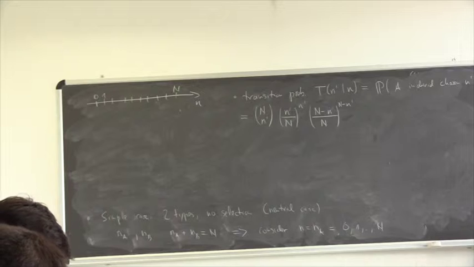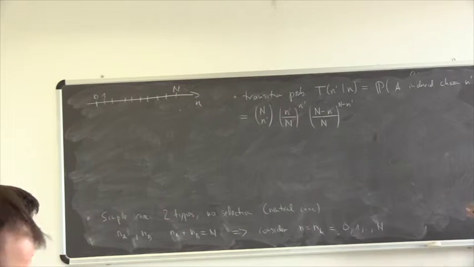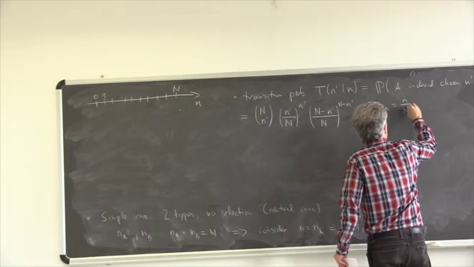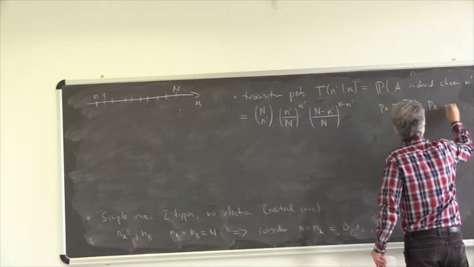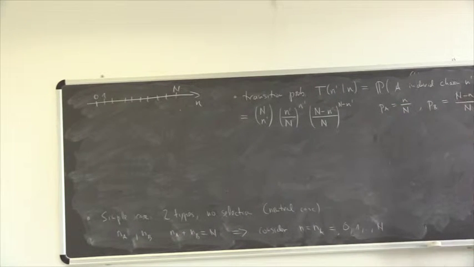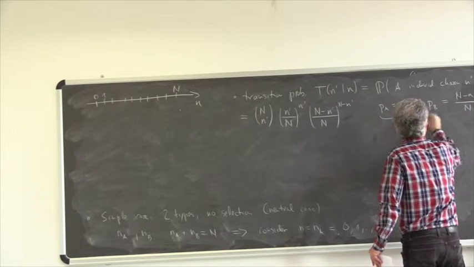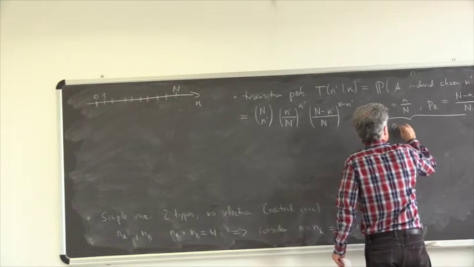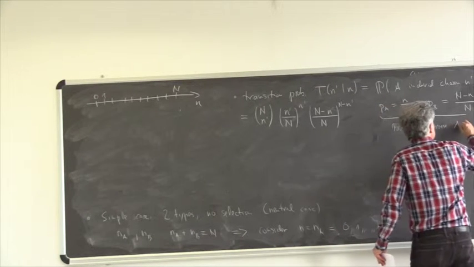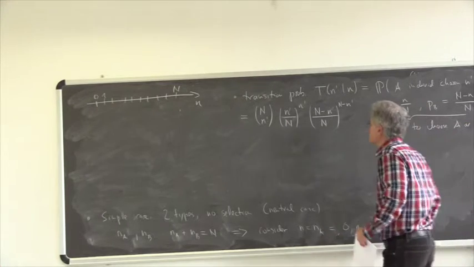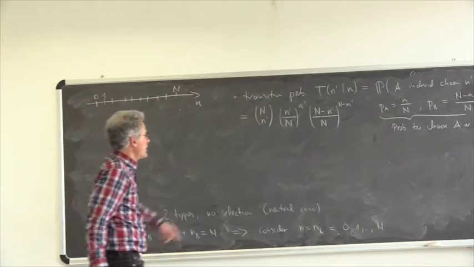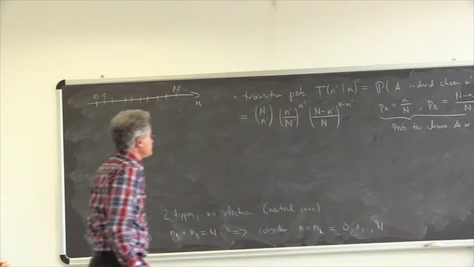So it's important: the probability of choosing an A individual is just small n over capital N, and the probability of choosing a B individual is 1 minus that, right? So the n is here and the n prime is up there.